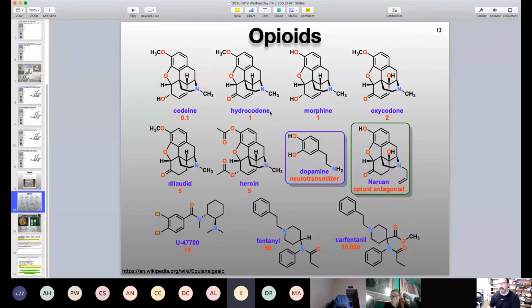Hydrocodone is a synthetic molecule. It doesn't come from a plant. It doesn't grow on a tree. It's not produced by an animal. It's not stripped out of a mine anywhere. I want you to focus your eyes on morphine and on hydrocodone. In the chat box, can you tell me any differences you see between those two structures?